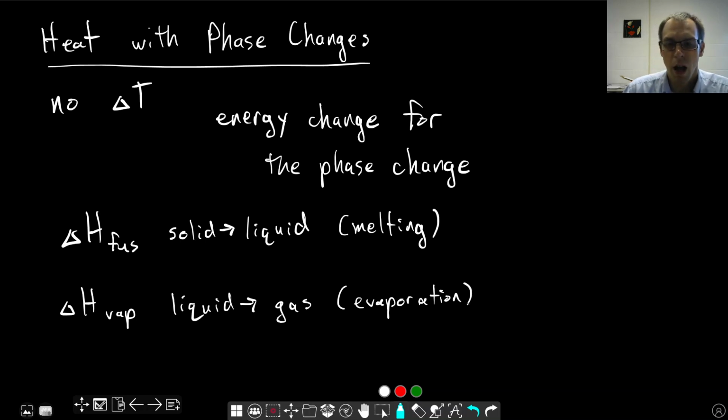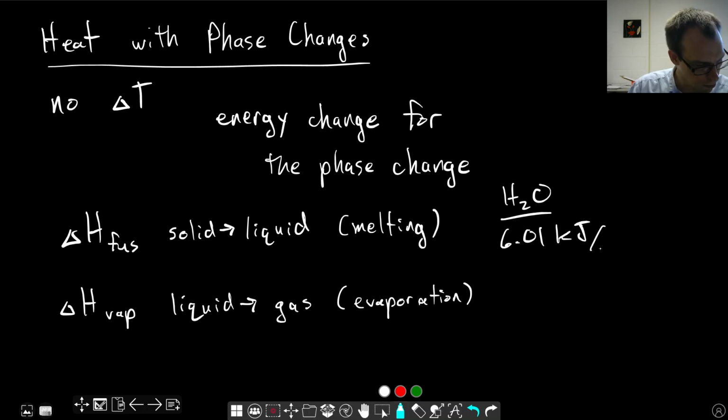Okay, so these are values that are specific to substances, just like the heat capacity. So you'd have to look these up. Some enthalpies of fusion or vaporization that are really common. We're going to look at water a lot. Water matters a lot. So the molar enthalpy of fusion for water, for H2O specifically, we can look up these values. This is 6.01 kilojoules per mole.